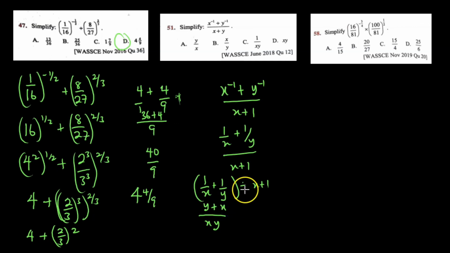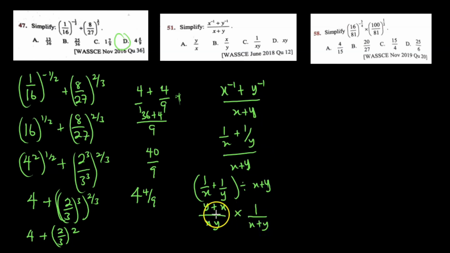So the division sign can be changed to multiplication, so it becomes multiplying. And what do we do to the expression x plus y? We write it as a fraction, so 1 over x plus y.